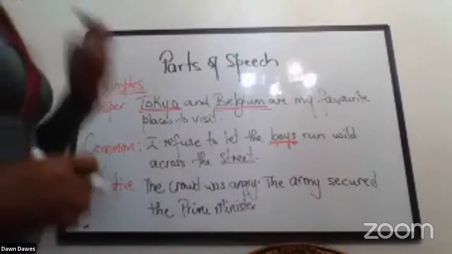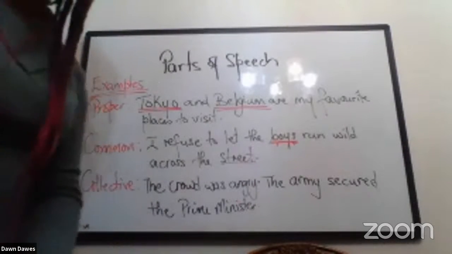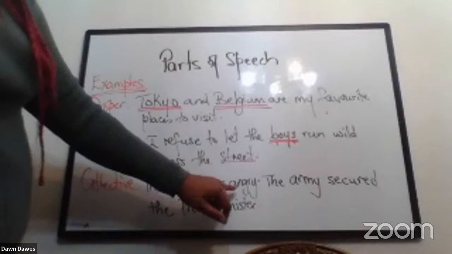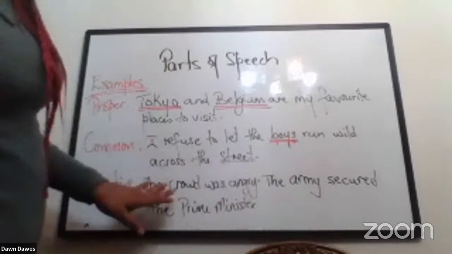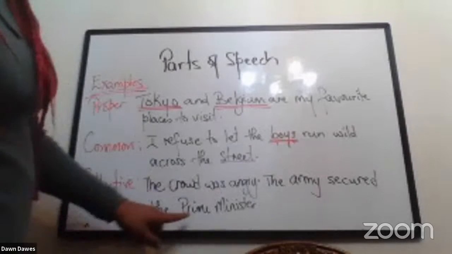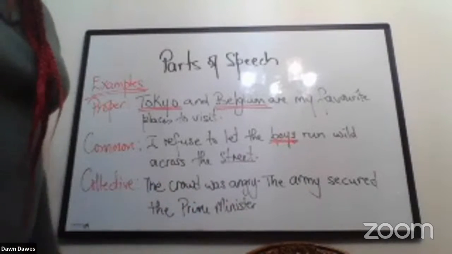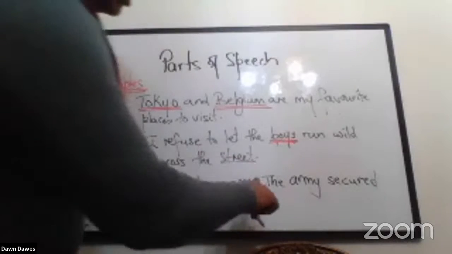Okay, so look at these two sentences. The crowd was angry. That's one sentence. The army secured the prime minister. So let's see how we can join these now.